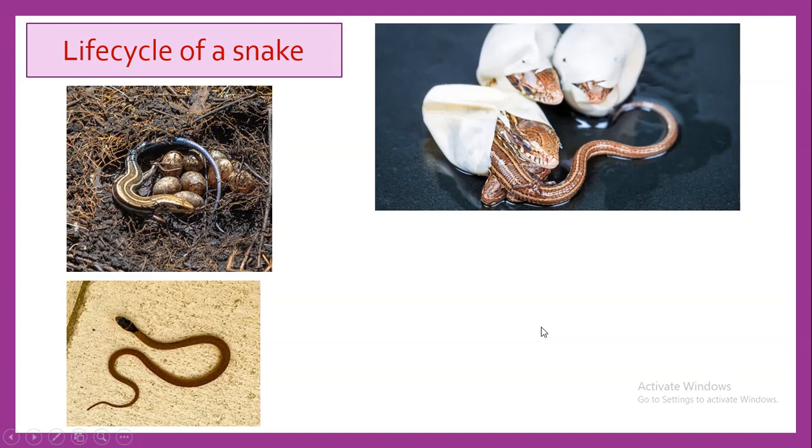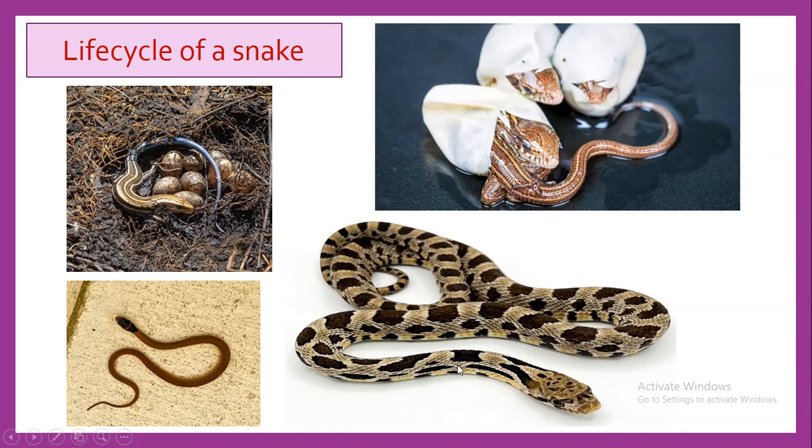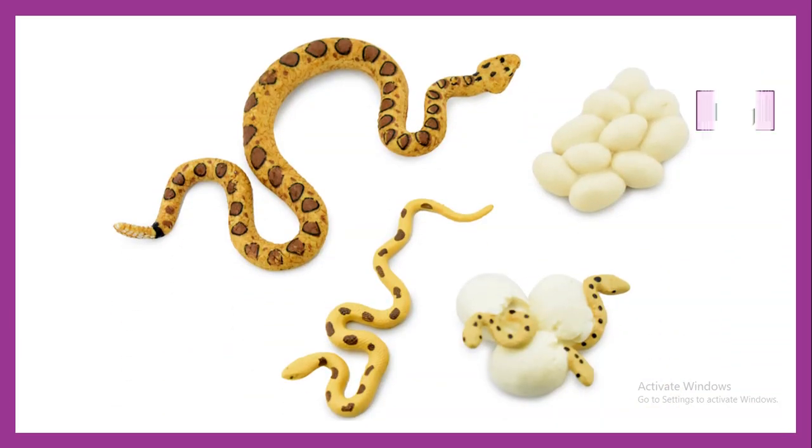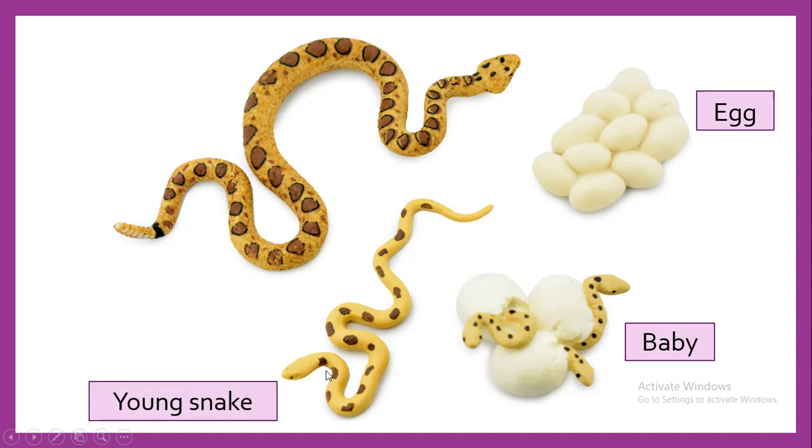A baby snake grows bigger and stronger. This is a young snake. And finally, it will become an adult snake. Adult snake, fully grown, and it can reproduce. Again, egg, baby snake, young snake, adult snake.